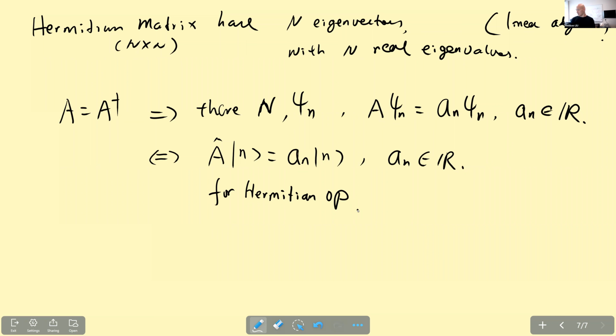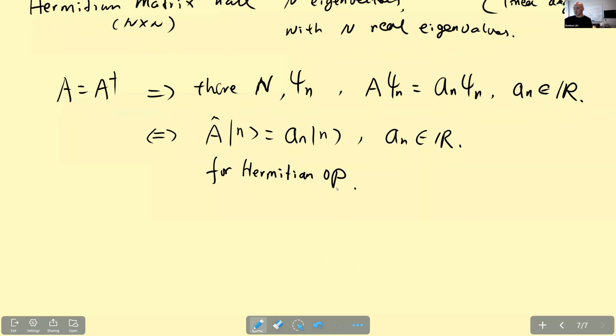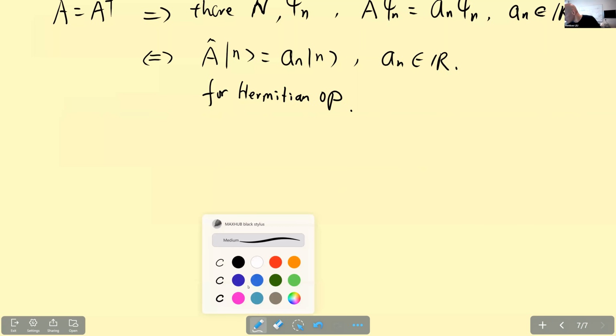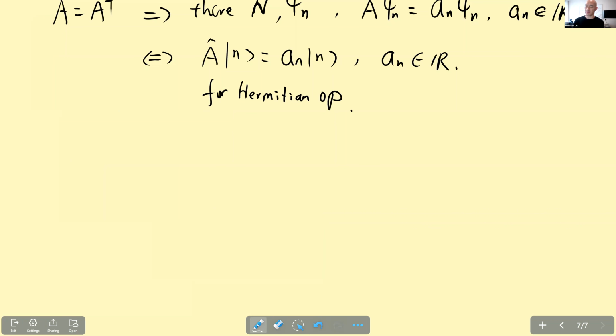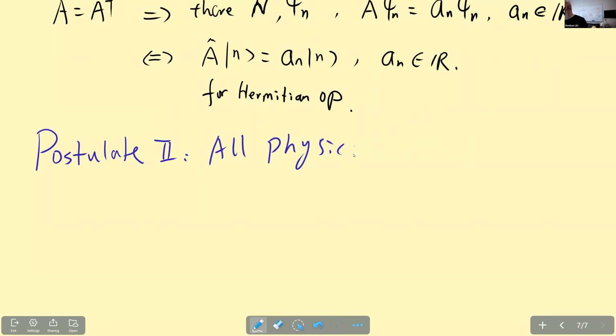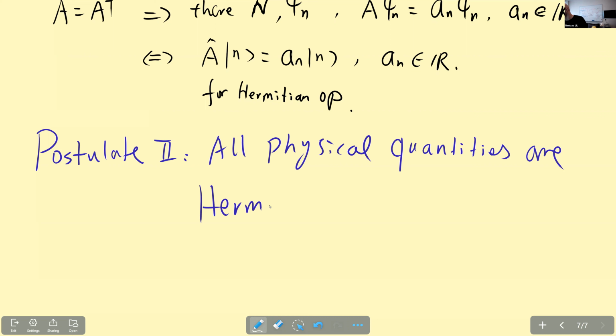Okay, right. So then, with all these definitions, this introduction of mathematics, so now we can say that postulate two: all physical quantities are emission operators on a Hilbert space.